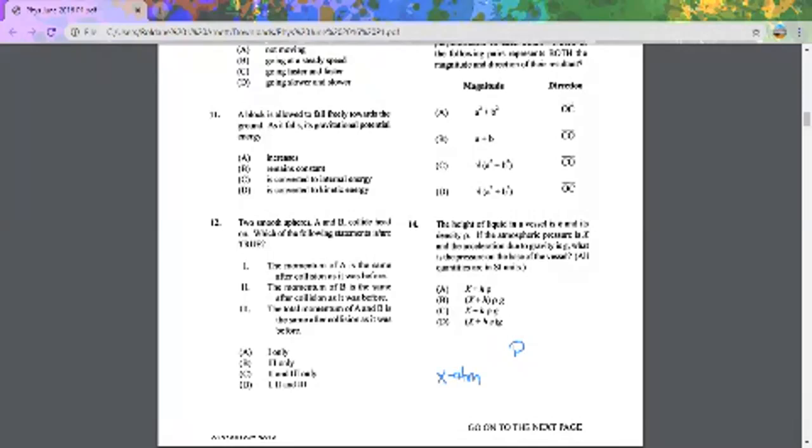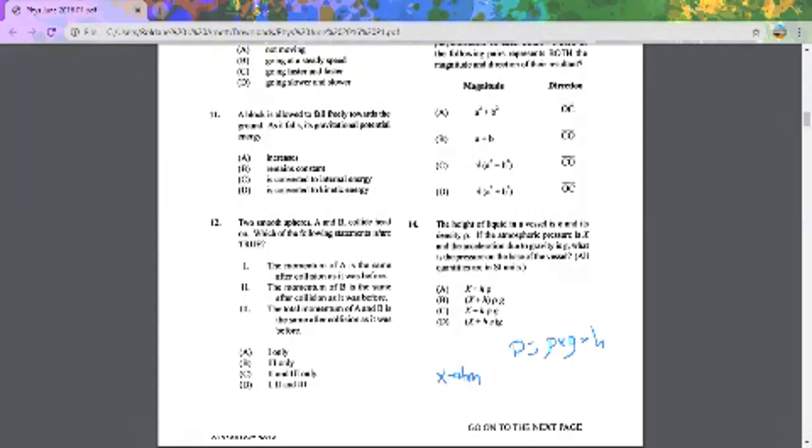But we want to find the pressure of the liquid, and we know that is equal to rho g h. So density times acceleration due to gravity, times height of the liquid in the column.